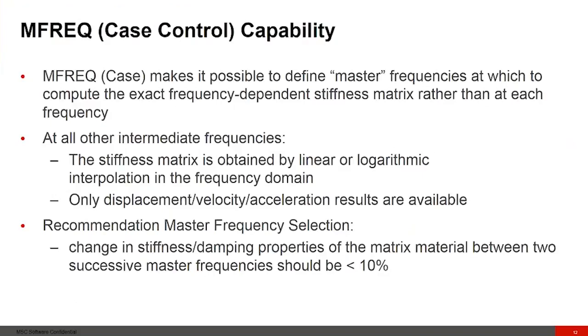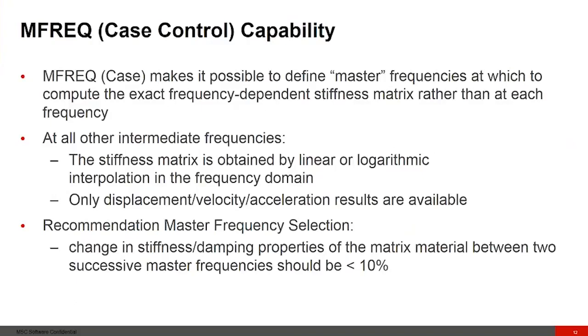Okay. So a little bit more about the MFREQ case control capability. It makes it possible to define master frequencies at which you can compute your frequency-dependent stiffness matrix rather than at each frequency.